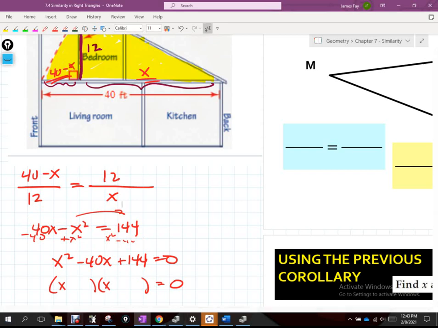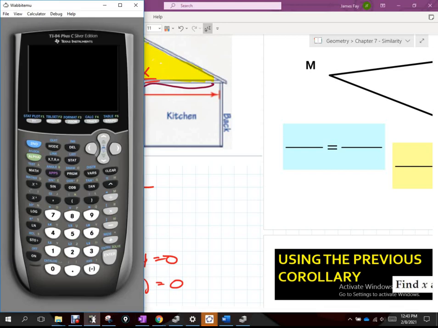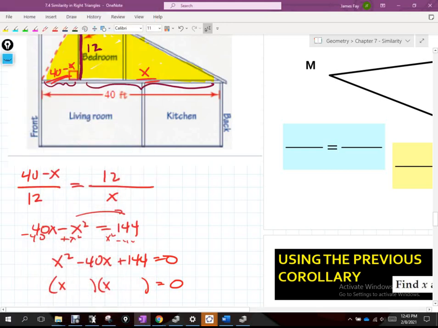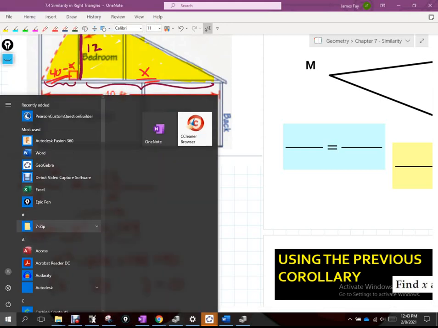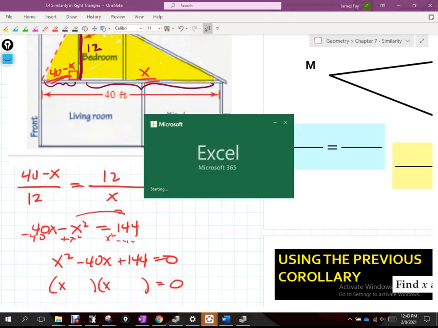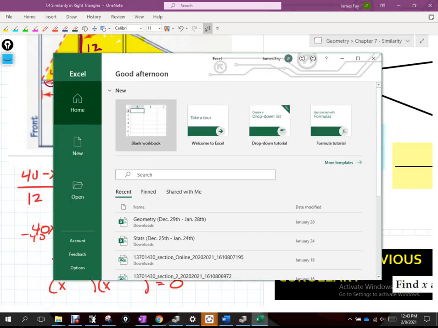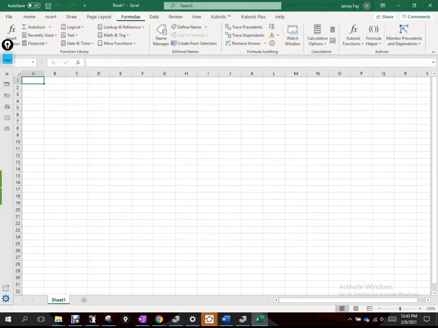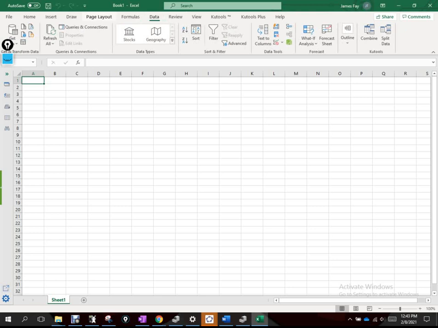Just to give you maybe some help with this, if you're a person that struggles finding factors, you guys don't use this calculator, do you? So you all have Excel on your computer. If you fill in the first column with integers, so 1, 2, 3, 4, and you can cut and paste those.